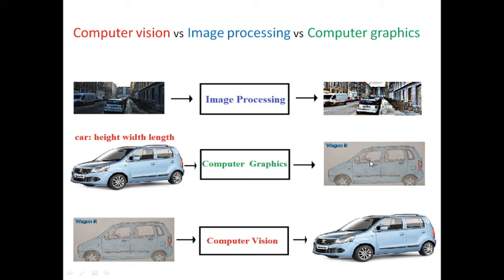Computer graphics takes a model or a 3D scene, which may be text, numerical data, a model like this, or sometimes geometrical data, as an input, after which computer graphics produces a 2D image in which I can represent my 3D scene.